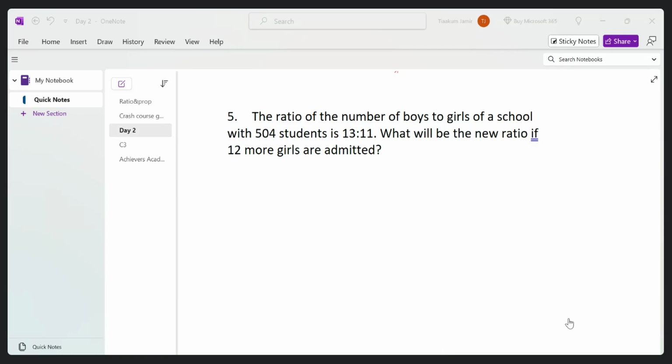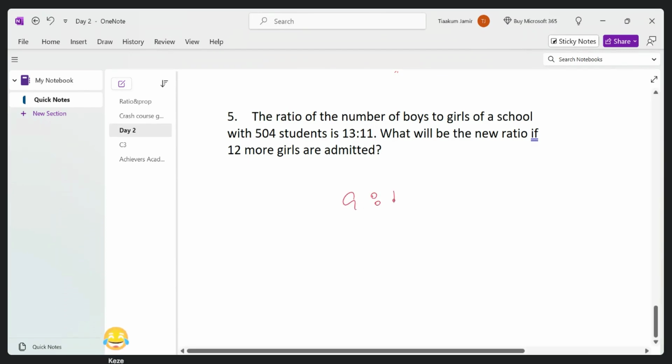Here the ratio is given as 13 is to 11, and the total of this is 24. This 24 total is equivalent to 504 students.